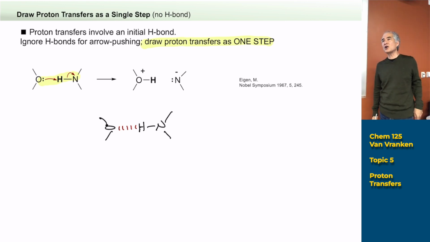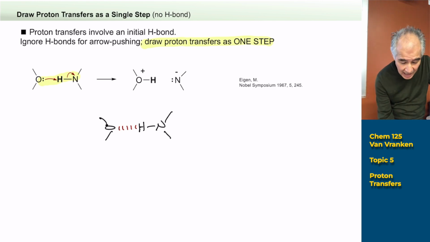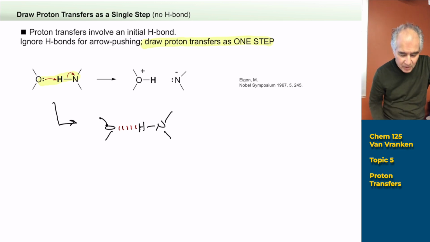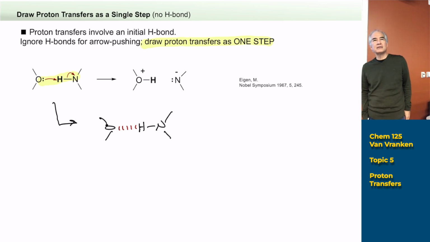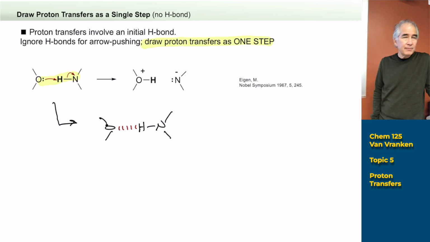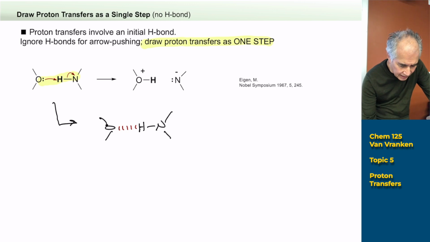You'll end up with the wrong charges. The first step in a proton transfer reaction is formation of a hydrogen bond. So that H bond right there is definitely forming, but we're not going to use arrow pushing for that. I'm not going to draw it anymore. I'm just going to expect you to remember, yeah, there's some hydrogen bonding going on there.